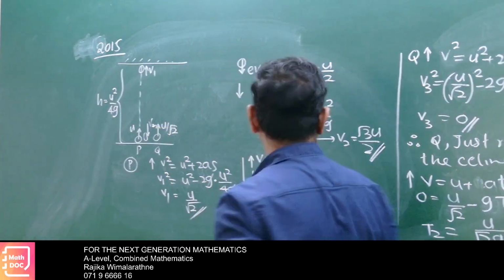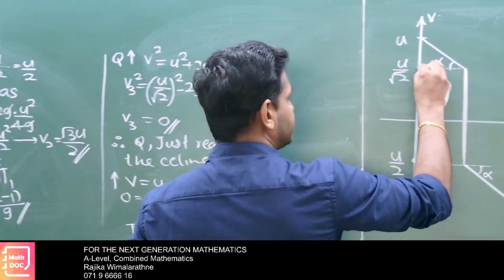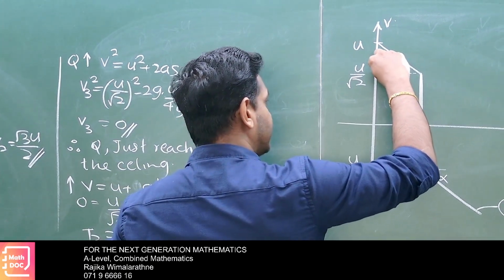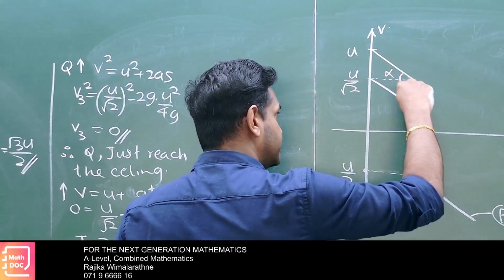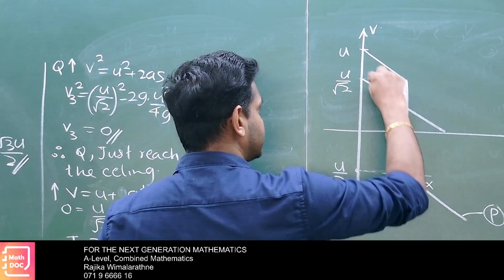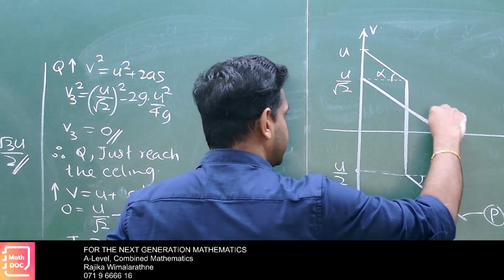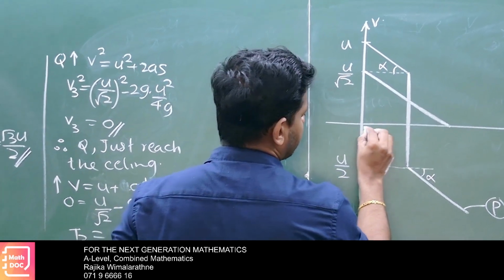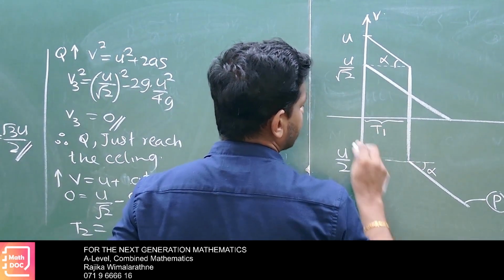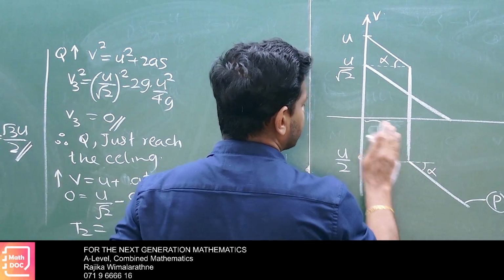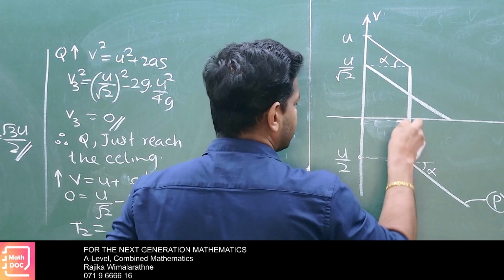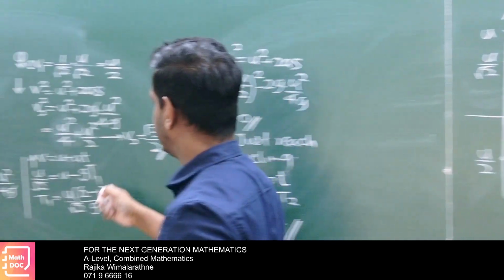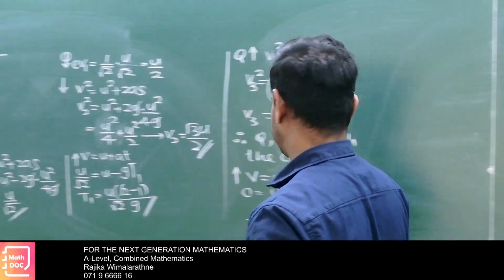Then from the same level here, you start, move under gravity, same line parallel to all previous lines. So at this point, here capital T1, this one T1, then T2 time here.